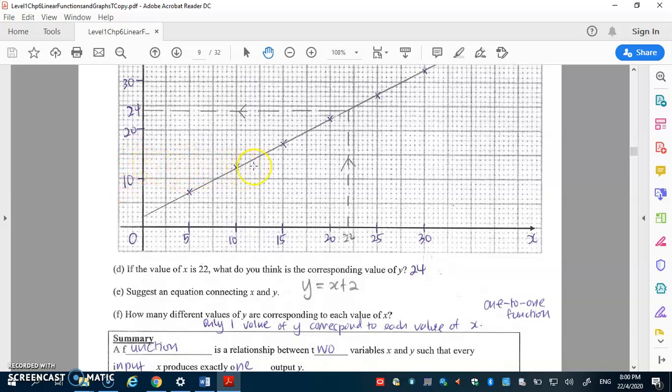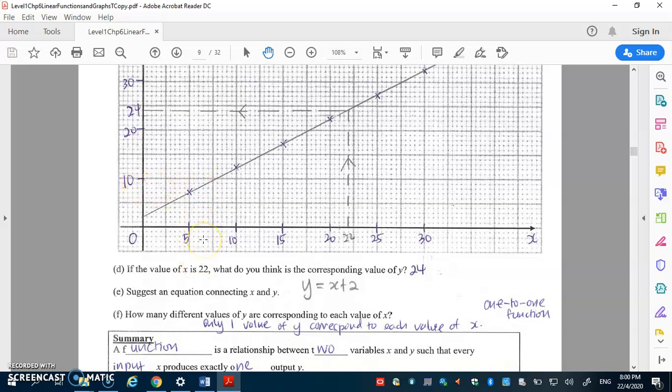Correct? So, similarly, if let's say my x value is 15. I draw a dotted line up, I read, I realize that I only have one corresponding value of y. I can choose any point, for example, x is 6. I read over here, my y should be equal to 8.